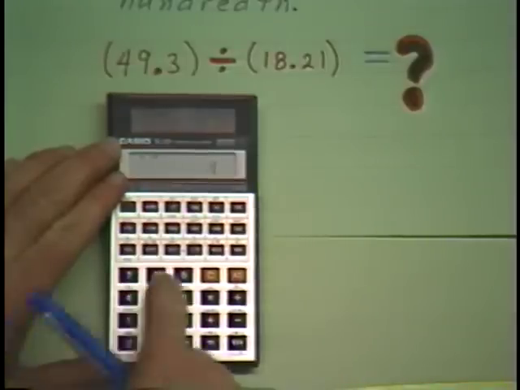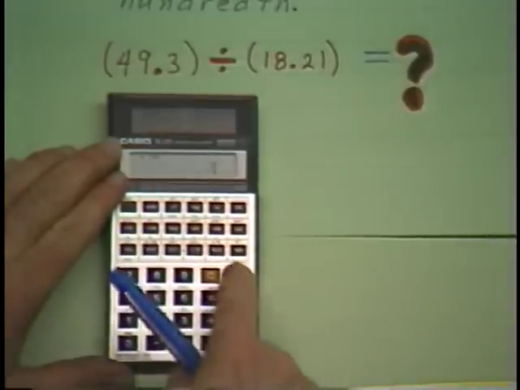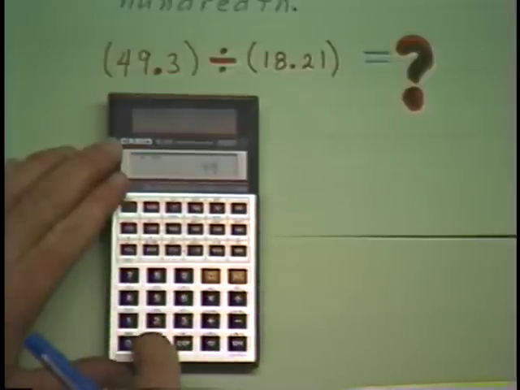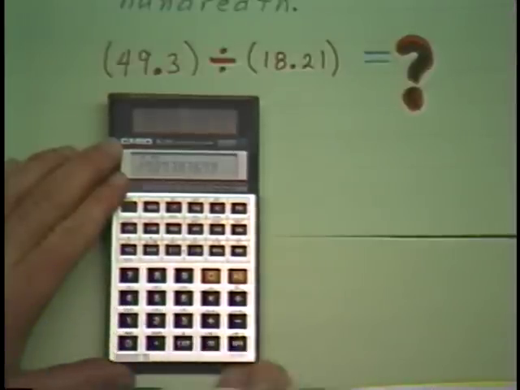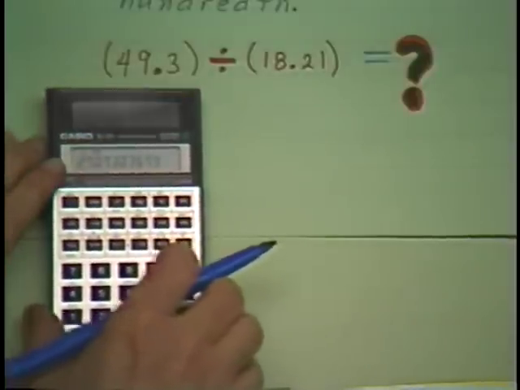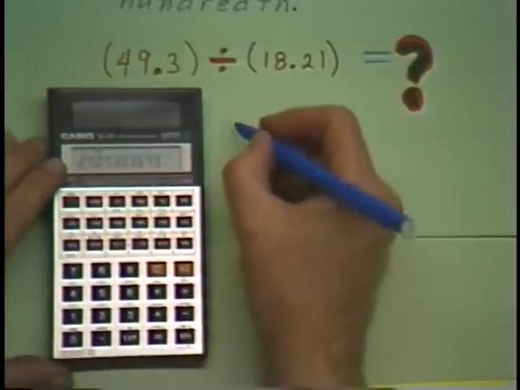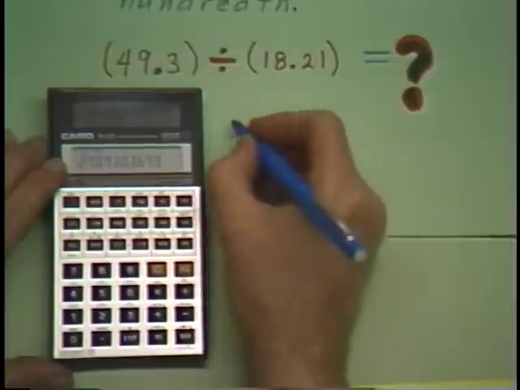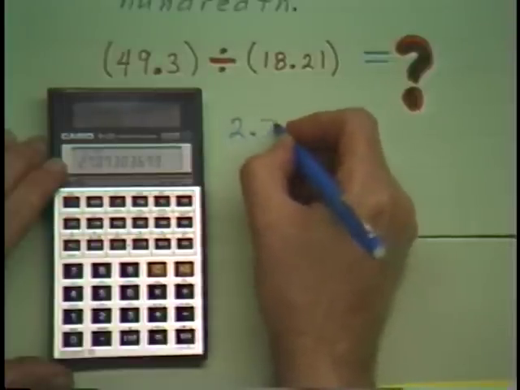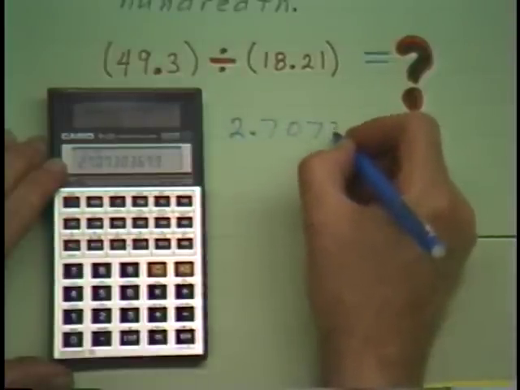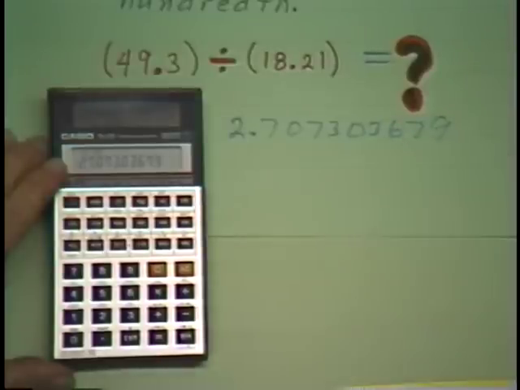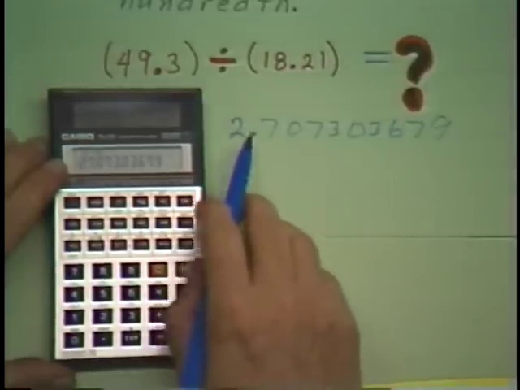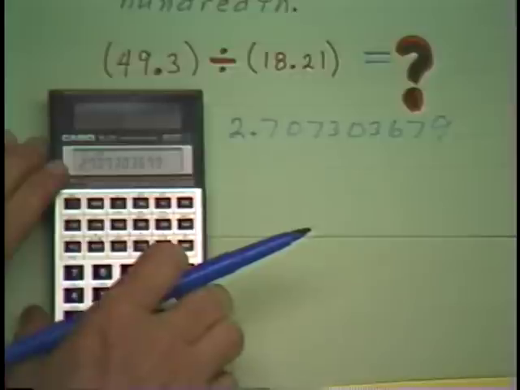So 49.3 divided by 18.21 equals, and if I were to read my calculator, it's hard to see there, I have 2.707303679, depending upon how many digits a calculator allows for readout.